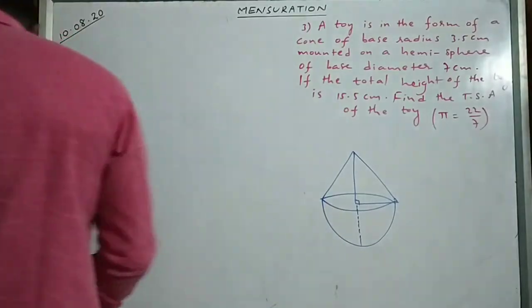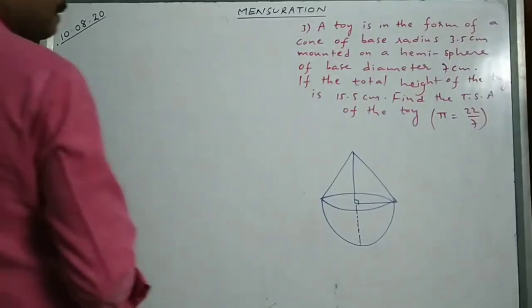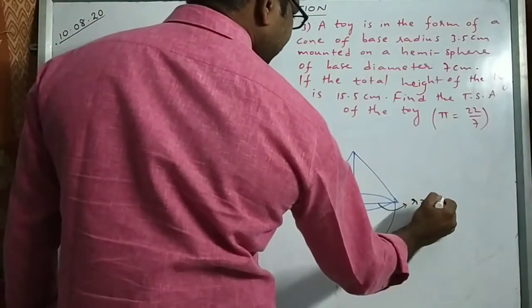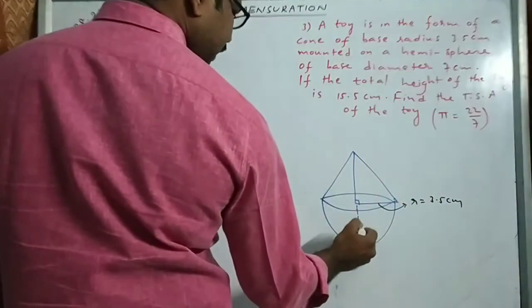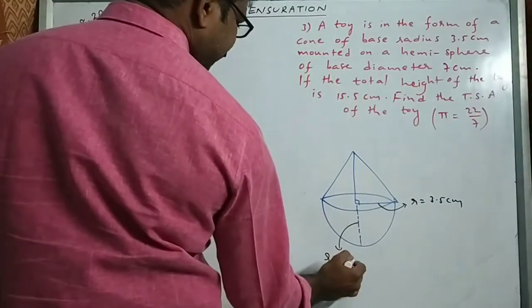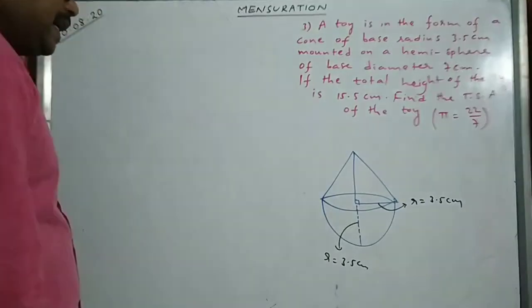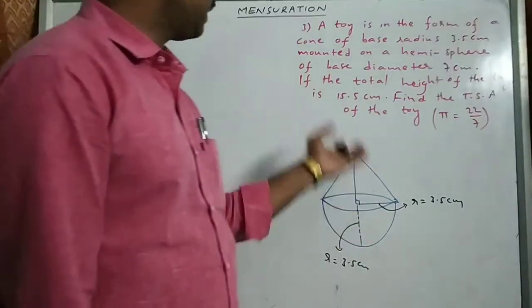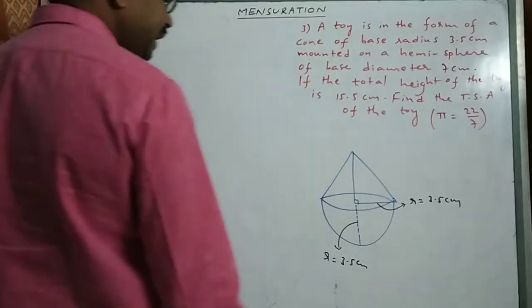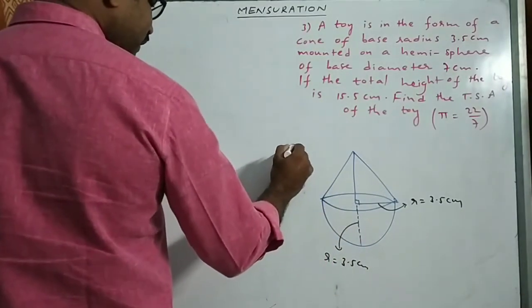So what is given here? Base radius r equal to 3.5 cm. Hemisphere diameter 7 means radius 3.5. Both are equal, right? And the total height of the toy is given.